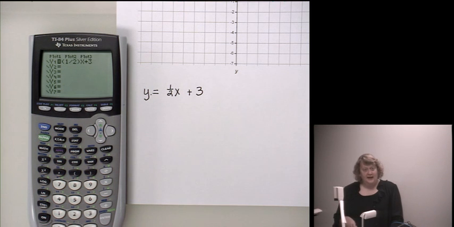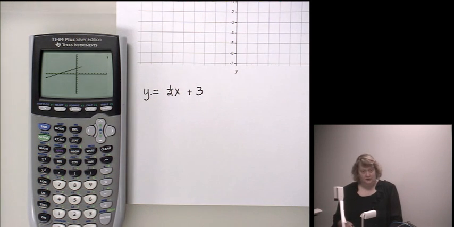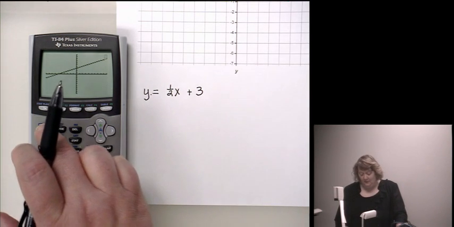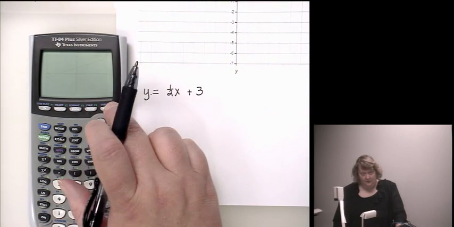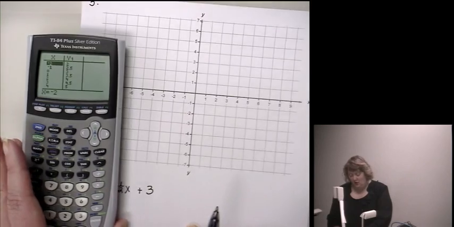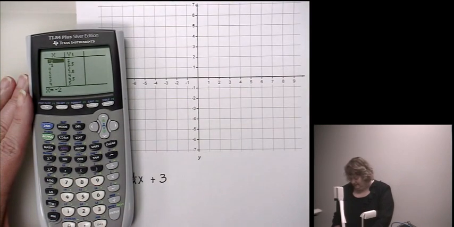And the other reason why I wanted to do this one as a fraction is because I wanted to show you, even though in our picture we can't tell much difference, we can see that it's flatter and not as steep as the other two lines. But when we go to our second table to get our points, we'll suddenly have, and I hope you can see that well, and I may try to telescope in just a little bit.